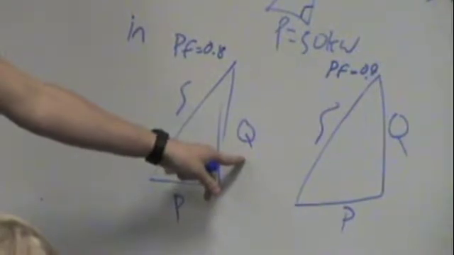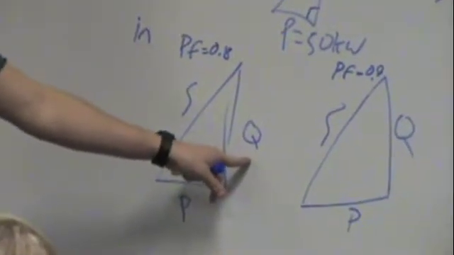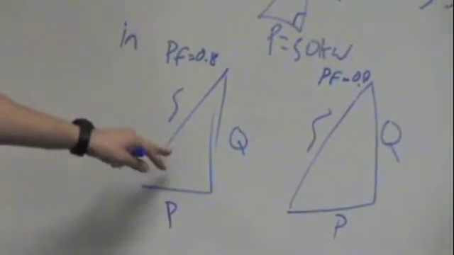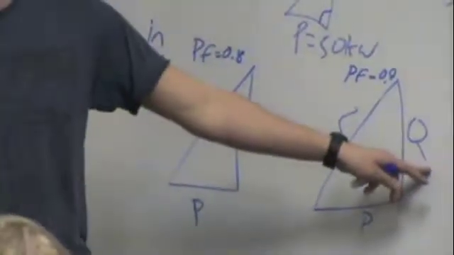So after we found S, we're going to find Q of this one. Then based on this Q, we're going to use the ratio of the power factors and Q's to find this Q, and then determine how much power goes into the capacitor.